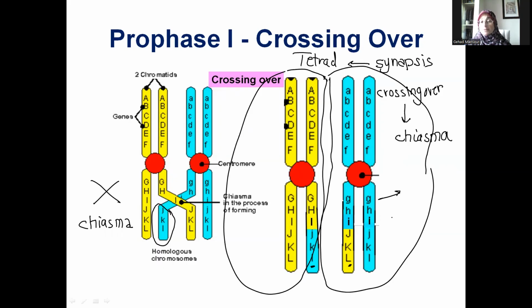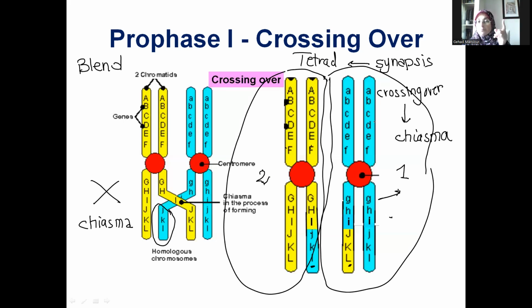And therefore, this gamete has taken a chromosome that is mostly from the mom, but partly from the dad. Say this is gamete 1 or daughter cell 1, and this is daughter cell 2. Daughter cell 2 at the end of meiosis 1 has received a chromosome that mostly contains genetic material from the dad with very little genetic material from the mom. And this allows you to be a blend of the characteristics of your mom and dad. But maybe in some characteristics, you're more like your mom.